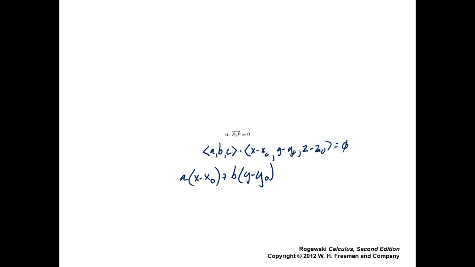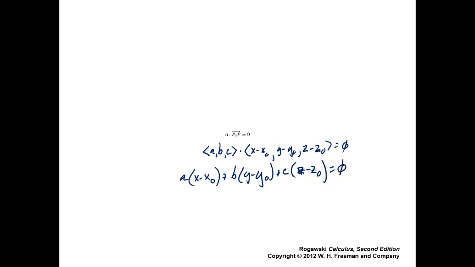Now, what I was doing was expanding this. The dot product is the first component here multiplied by the first component there, added to the second component here times the second component there, added to, and that's where we left off, so we'll continue, plus c times z minus z0. And that's equal to 0.